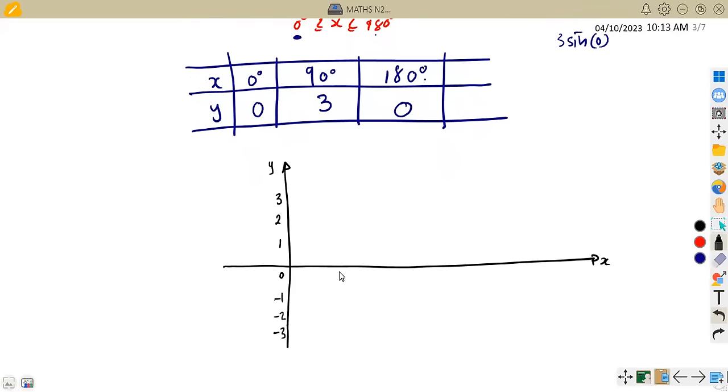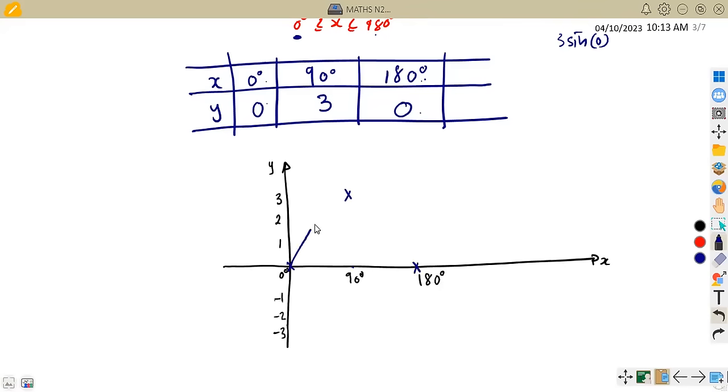That's your y-axis. We've got 0 degrees here, 90 degrees, and 180 degrees. So 0 versus 0 at this point, 90 versus 3 at this point, and 180 versus 0 like this.